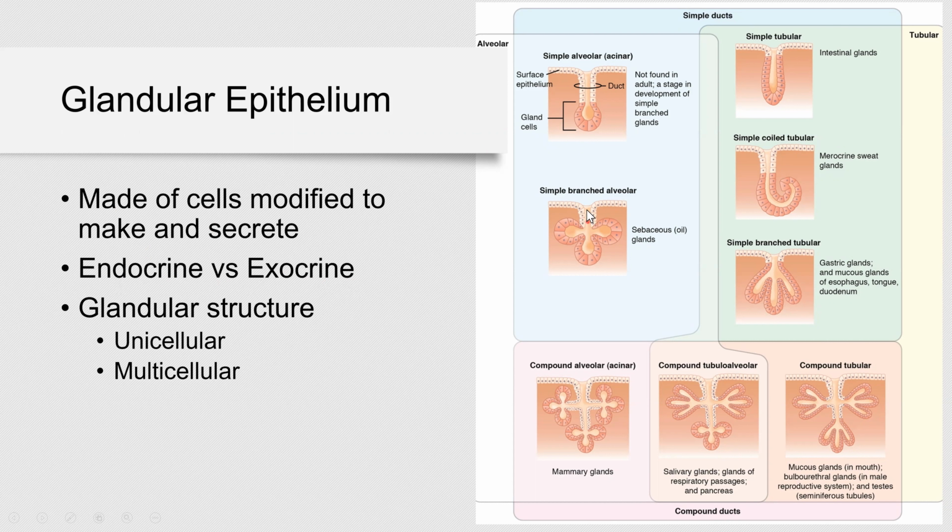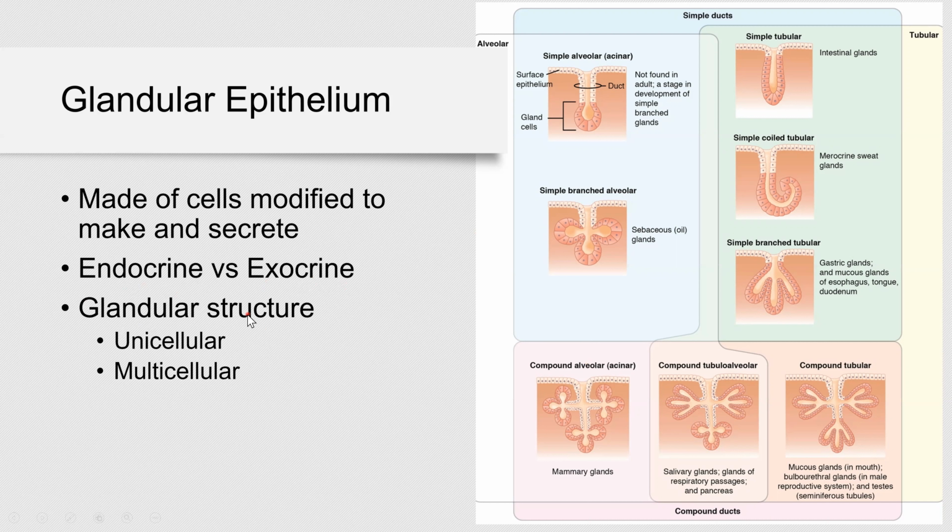So we must have a duct, and then we call it exocrine gland. And secretion moved through the duct to the surface of your body or inside the lumen of hollow organs. And endocrine glands, again, they do not have any ducts and they secrete hormones in bloodstream.